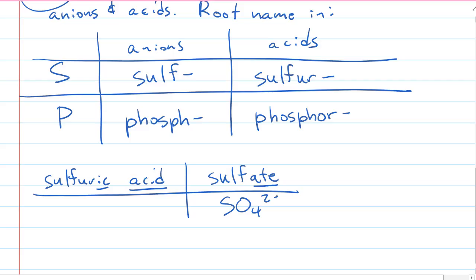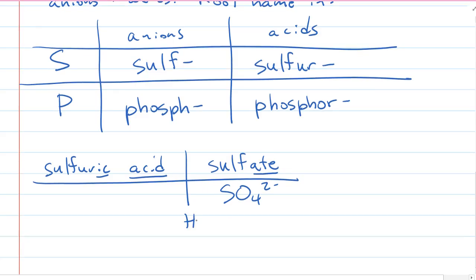If you want to write the formula for an acid, we combine it with which element? Hydrogen. Hydrogen always has a charge of 1 plus. So its formula is going to be H2SO4.